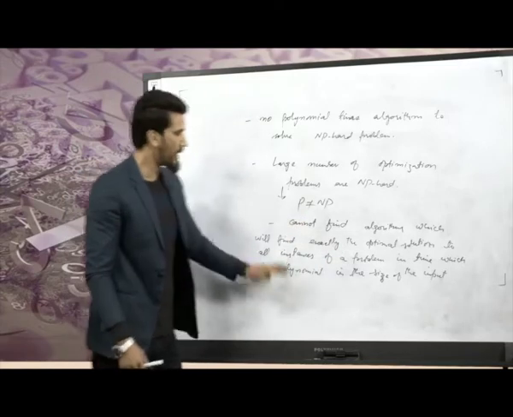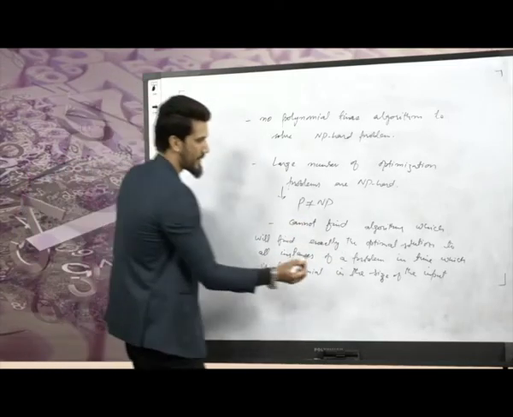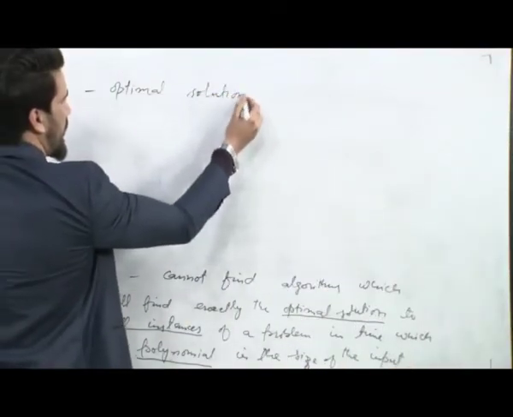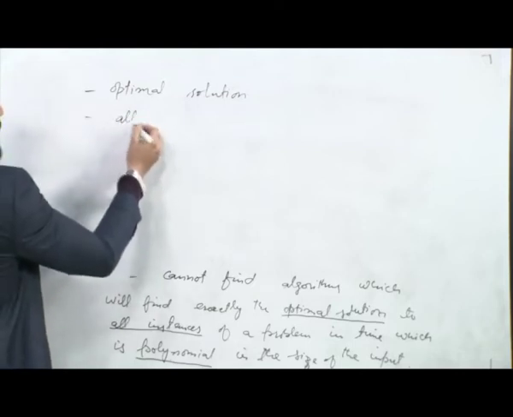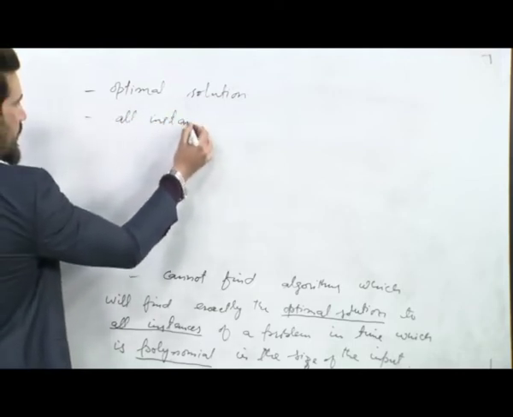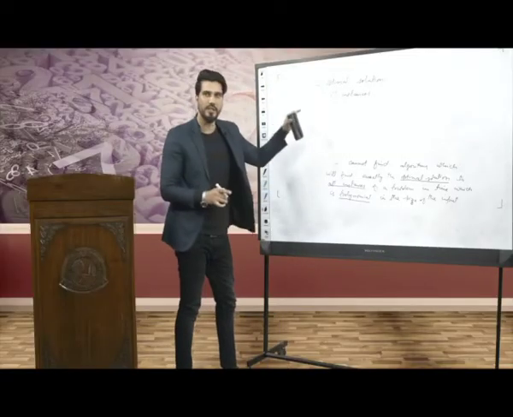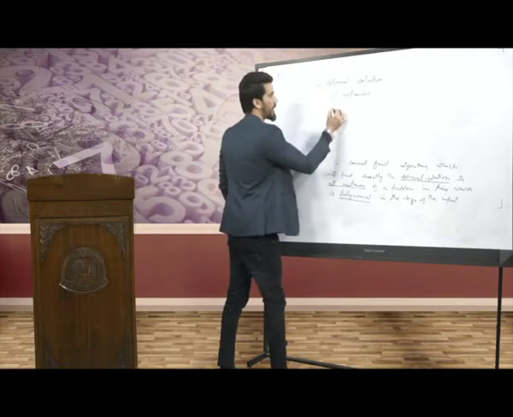So, here there are three important things you have to remember. One is optimal solution. We want to find optimal solution for all instances of a problem, and we want to find it in polynomial time.